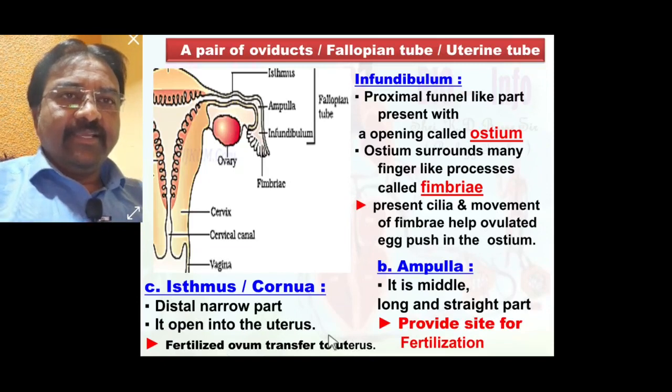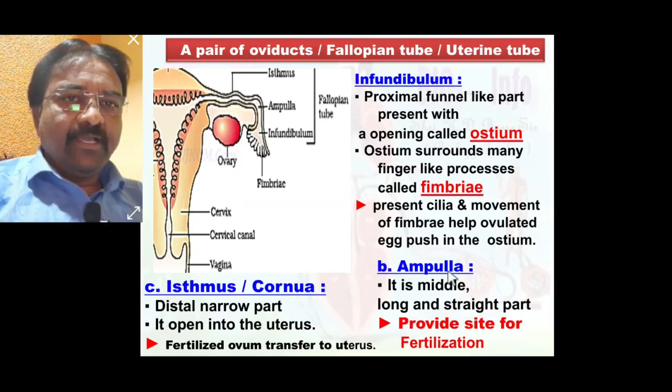Here we discussed in detail all the parts of the oviduct: infundibulum, ampulla and isthmus. Each part performs different functions. Remember always.